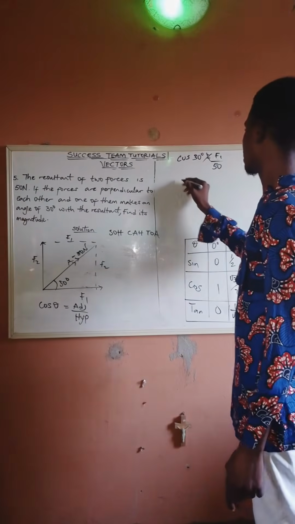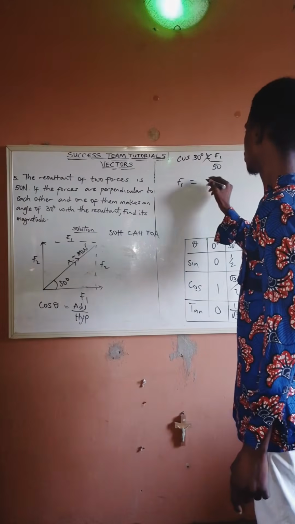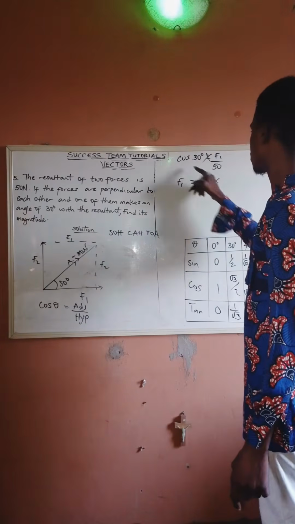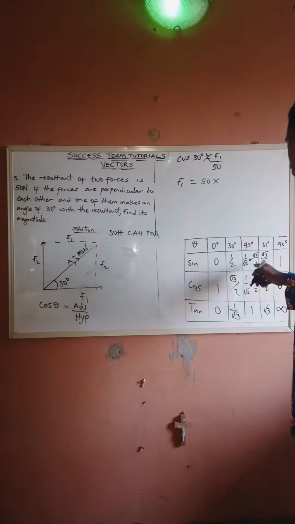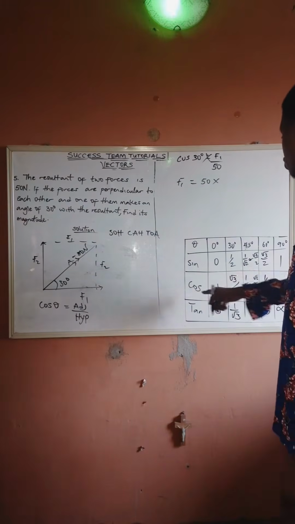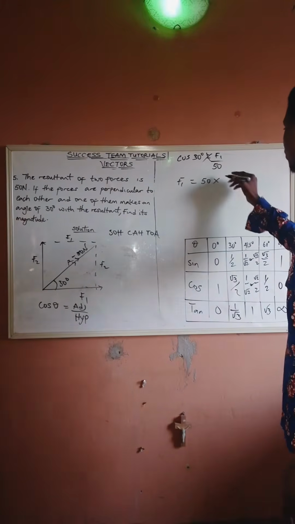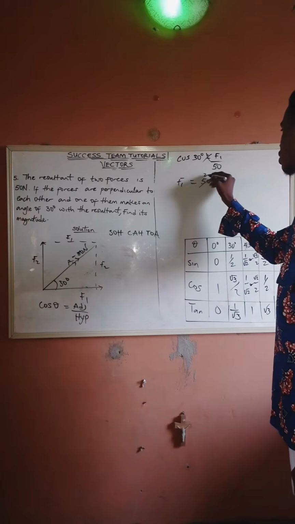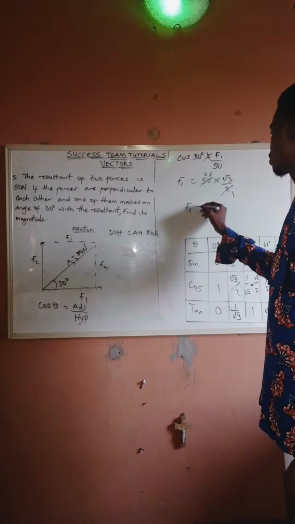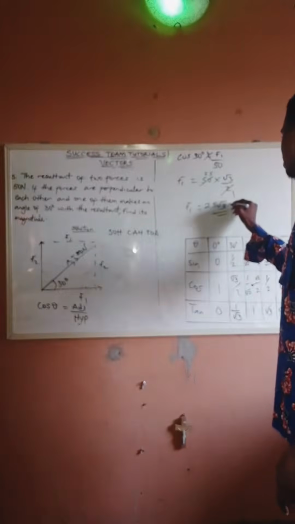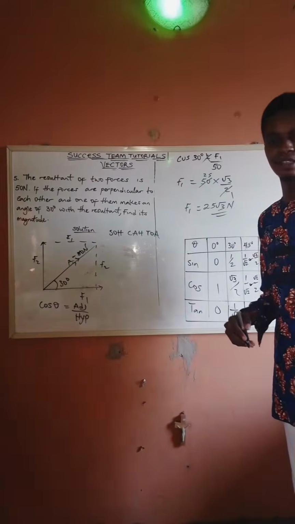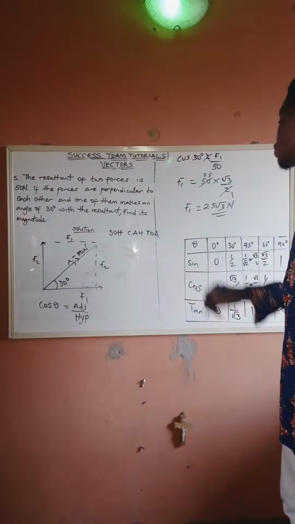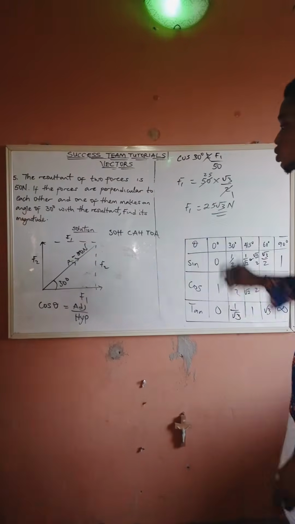I cross multiply. F1 is equal to 50 times cos 30, and cos 30 is root 3 over 2. 2 here goes 1, 2 here goes 25. So F1 is equal to 25 root 3. This is my answer. If your answer is to be left in short form, this is your answer.